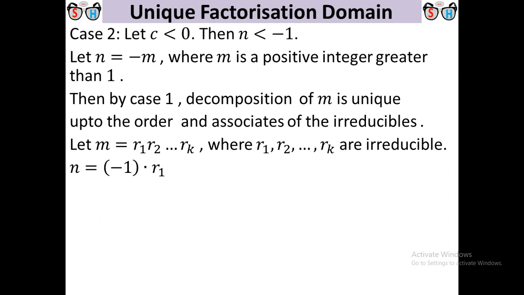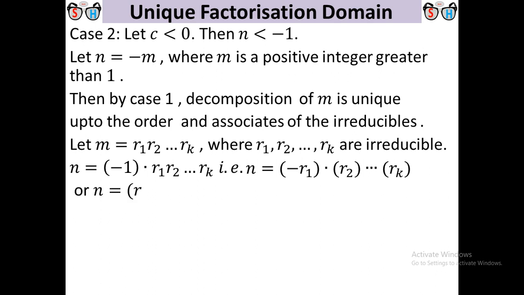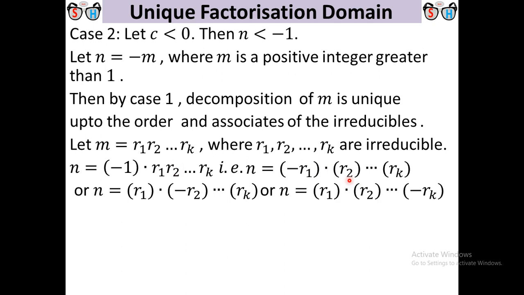So n equals minus of that. This can be written as, if we take minus 1 with r1, minus r1 times r2 up to rk. You can also take minus 1 with r2, therefore n will be r1 times minus r2 times up to rk. And similarly the minus sign can be taken with rk also.